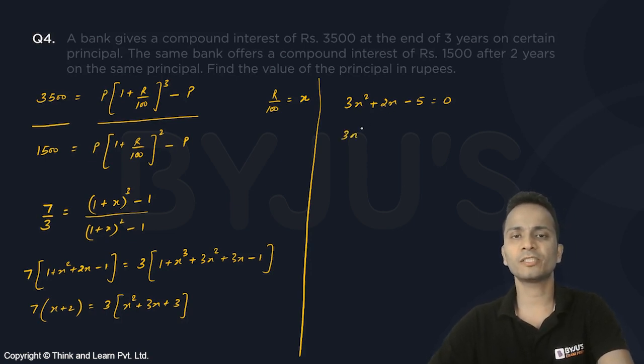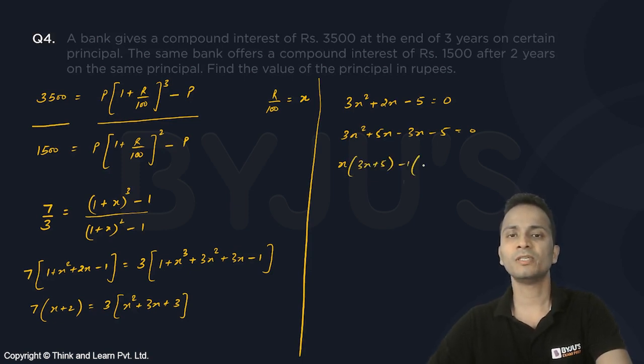So 3x square plus 5x minus 3x minus 5 equal to 0. So if I take x common, I get x times 3x plus 5 and then minus 1 common, 3x plus 5. Upon factorization, I'll have x minus 1 into 3x plus 5 equal to 0.